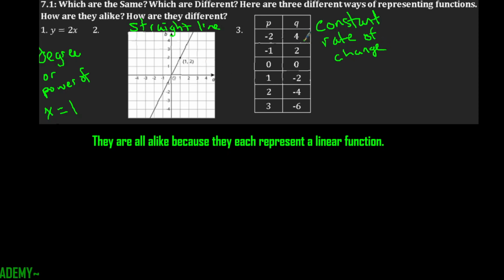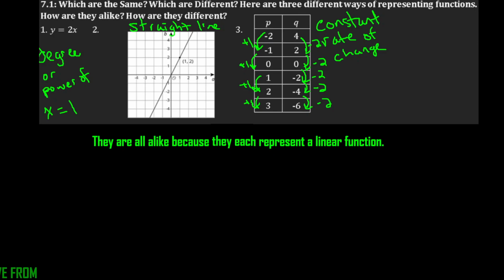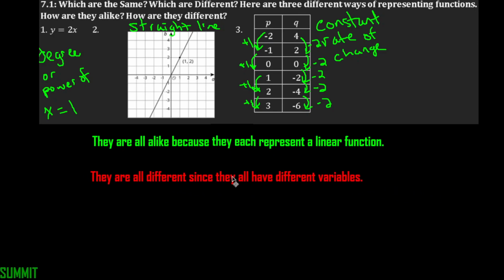Meaning, if I look at my y values, each step it is decreasing by 2 for every 1 step I move on the x-axis. It goes down 2 steps on the y. So these are just some examples of how I know those are linear functions. So whether it's an equation, graph, or table, I should be able to tell whether it's a linear function or not a linear function. And then I could say they are all different because they all have different variables.